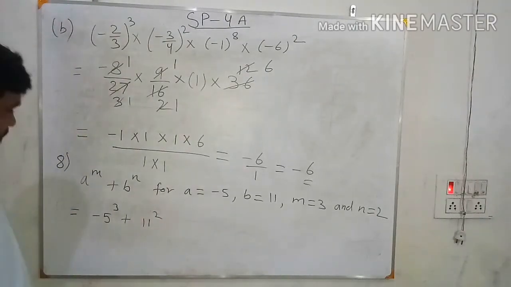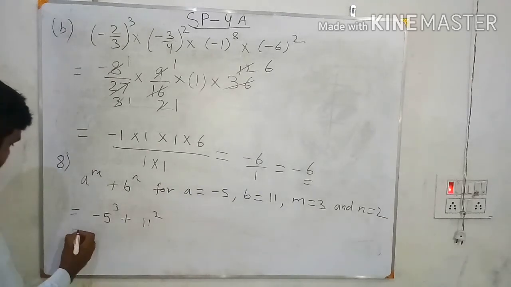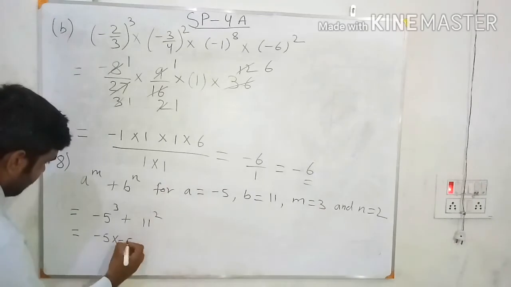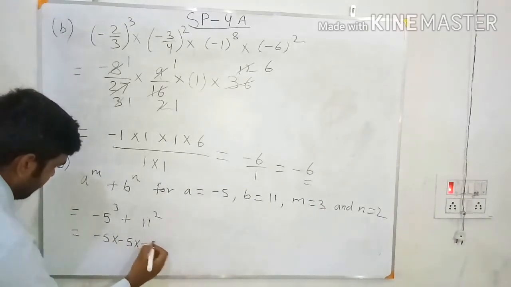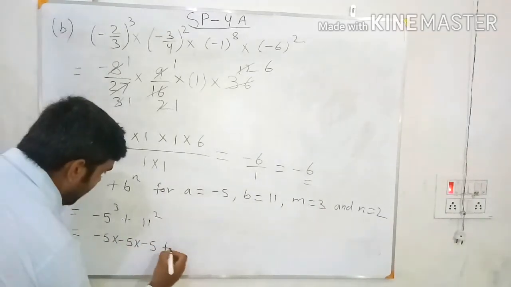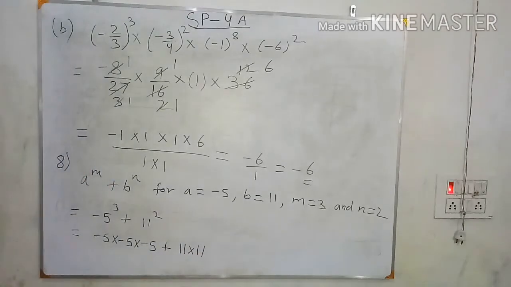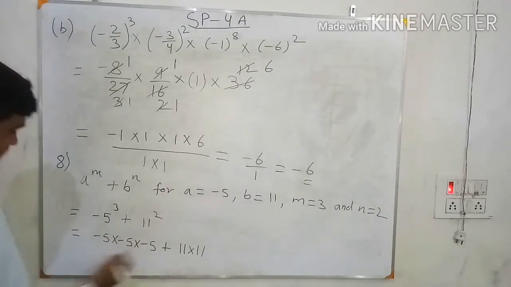So minus 5 cube means what? Minus 5 cube means multiply minus 5 itself 3 times, plus 11 square means multiply 11 itself 2 times. So what will you get when you multiply minus 5 itself 3 times? 5 5s are 25, 5 25s are 125. So minus minus plus, plus minus minus.